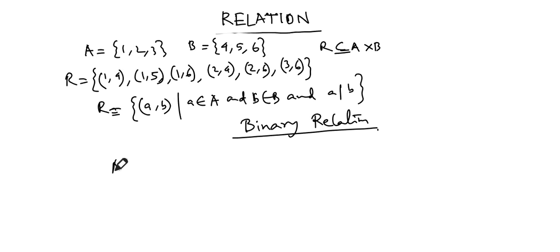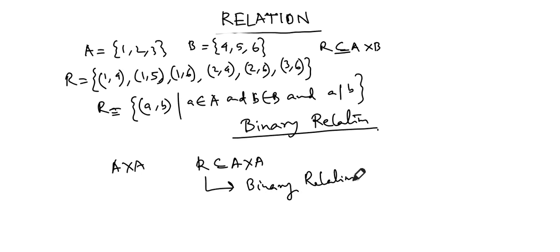If we take the product of the same set, A cross A, and we take a set R, a subset of A cross A, then we call this R a binary relation on A.